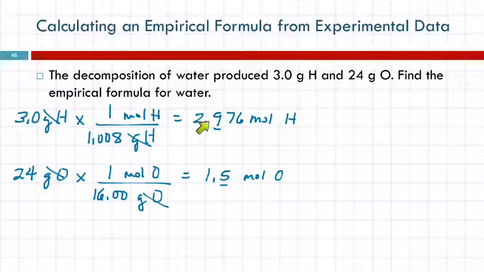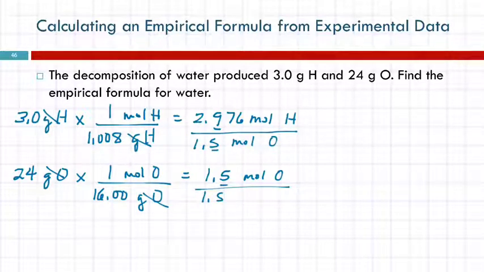So I'm just going to look at these and say, well, which one's smaller? Well, the 1.5 is smaller. So I'm going to divide by 1.5 moles of oxygen. Well, 1.5 moles of oxygen divided by 1.5 moles of oxygen is just 1. You're always going to end up with one of them that comes out to exactly 1.